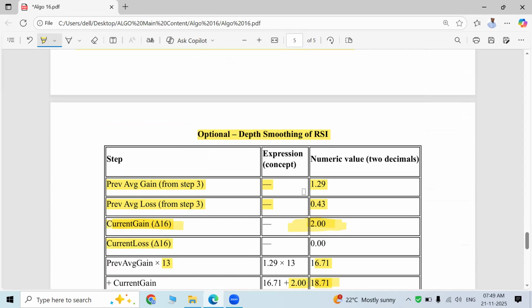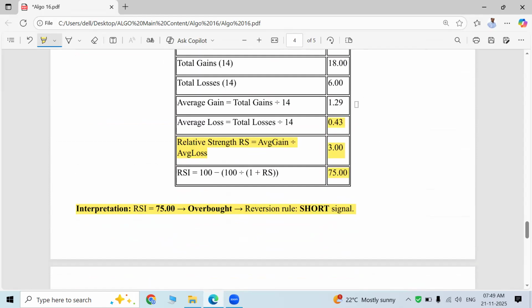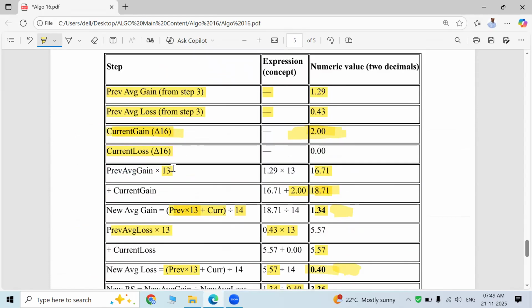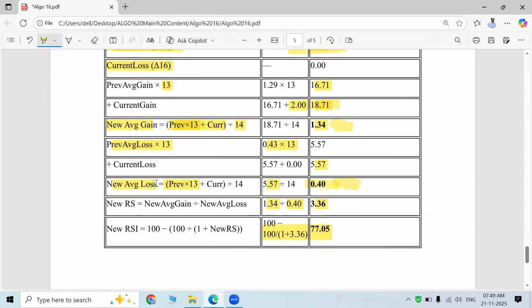Okay, now how to interpret it in a more logical way? First we need to consider the previous gain from here, the previous loss from here, and if there's a change in gain in the next cycle, how the change of RSI happens. So from previous average gain, we come to the new average gain. The previous average loss, we come to the new average loss.